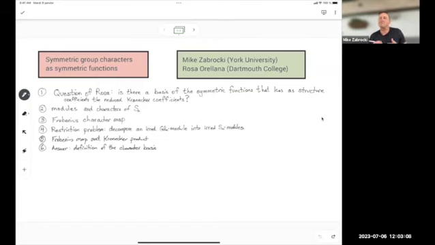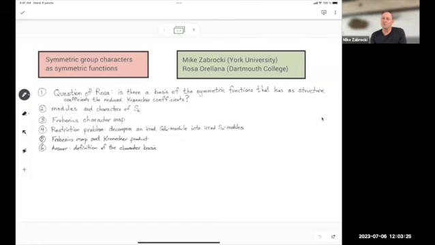I'm not going to go too deeply on anything except for a little bit of extension of the Frobenius character map. Everything else is something that you would usually find in a graduate course.